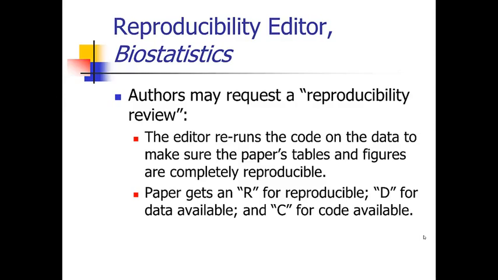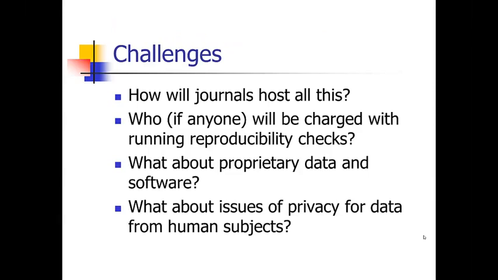If he can, the paper gets a little flag with an R on it. It also gets a D because the data are available, and a C because the code is available. So journals are trying to make some attempts to implement this. It's hard, though. There are a lot of challenges in implementing this kind of system, but that's where hopefully things are moving, and that's where a lot of journals hope to go.